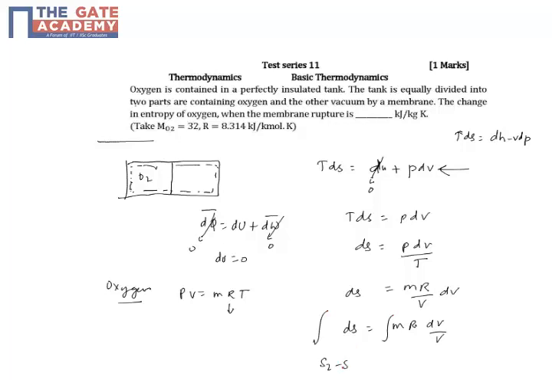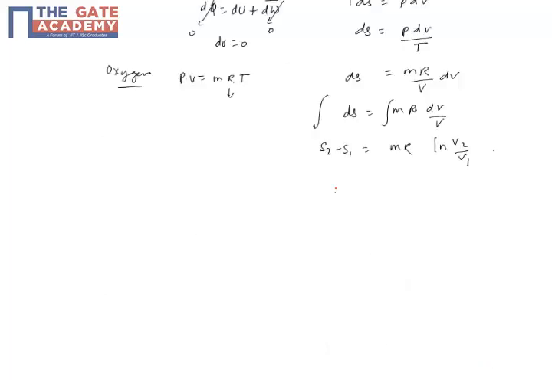S2 minus S1 is mR, which is constant, times the integral of dV by V, which is ln V2 by V1. Mass is something we need to find out; per kg of mass, if you look at the units, R is the gas constant, which is the universal gas constant divided by molecular weight, times ln 2, since the final volume is twice the initial volume.